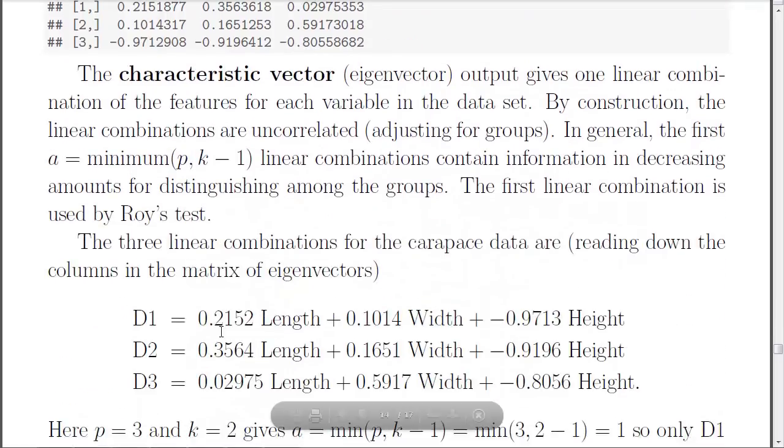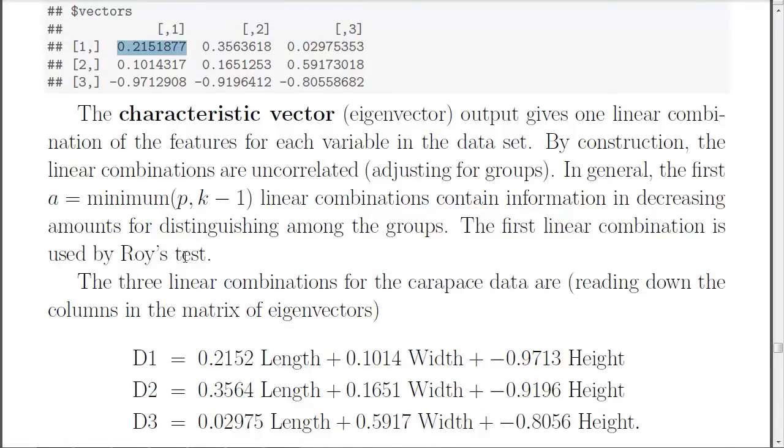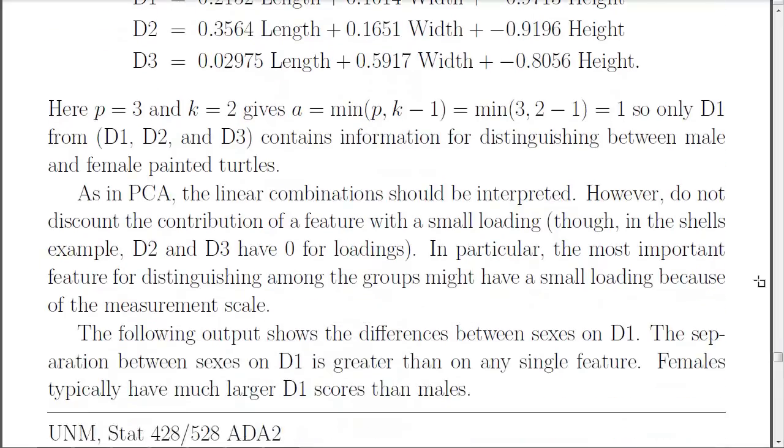All right, so direction 1, D1 here, I've just plugged in this first column, 0.215, 1014, negative 0.97. That's the linear combination that gives us the biggest difference. And the other two don't really count for much. And we'll see that in a moment.